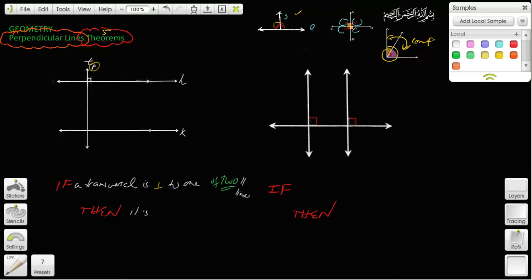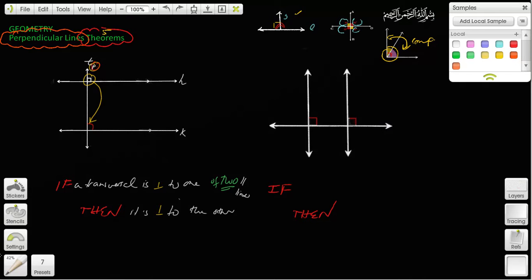And this is only true, of course, if they are parallel, right? So if a transversal is perpendicular to one of two parallel lines, then it is perpendicular to the other one.